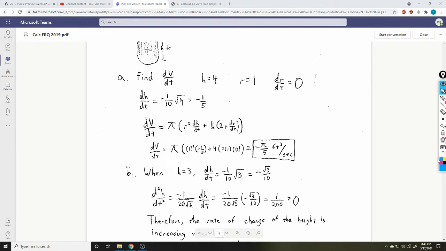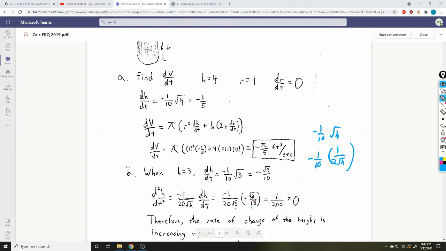If we have negative 1/10 square root of h, then my derivative there is going to be negative 1/10 times my derivative of square root of h, which is 1 over 2 root h. So that's how we wound up with a negative 1 over 20 and a square root on the bottom. So plug in 3 and plug in your dh/dt.